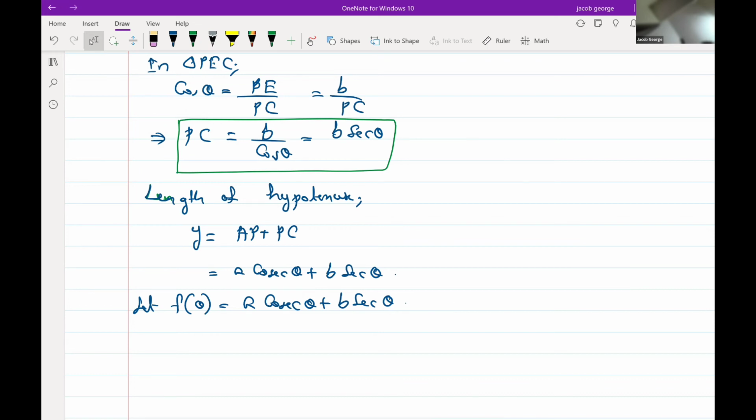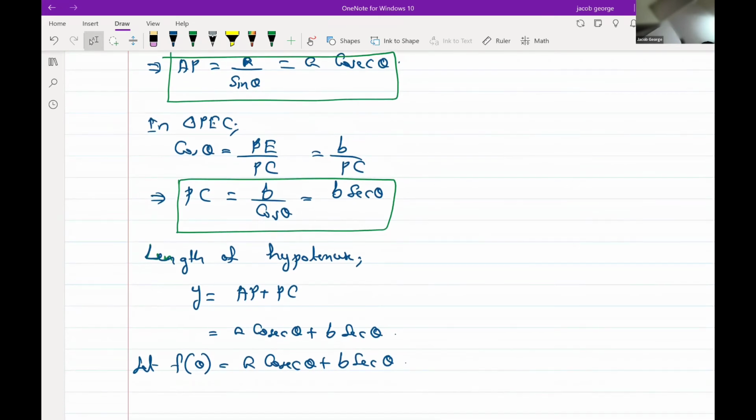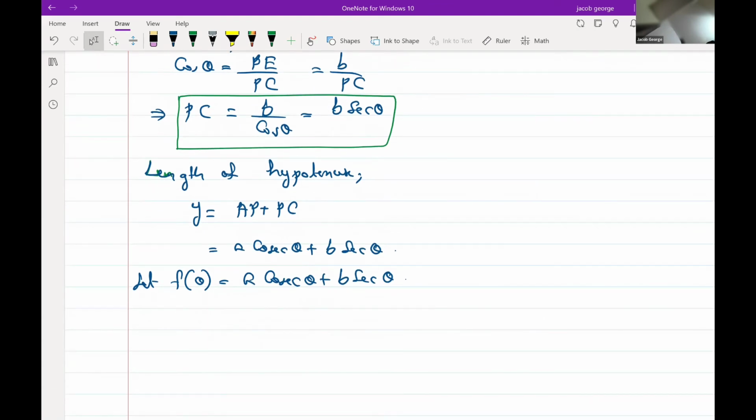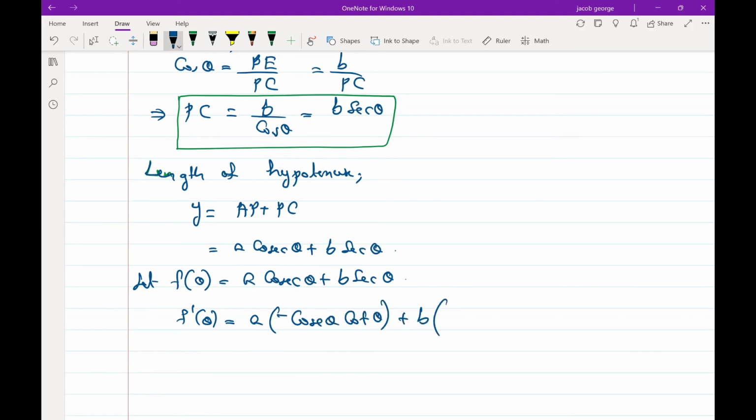Did you reach till here, children? The function we have taken, y is the sum of AP and PC. Okay, then as usual, we find out f dash theta, the first derivative. a into derivative of cosec theta. What is derivative of cosec theta? Minus cosec theta cot theta, correct. Plus b into derivative of sec theta. What is derivative of sec theta?